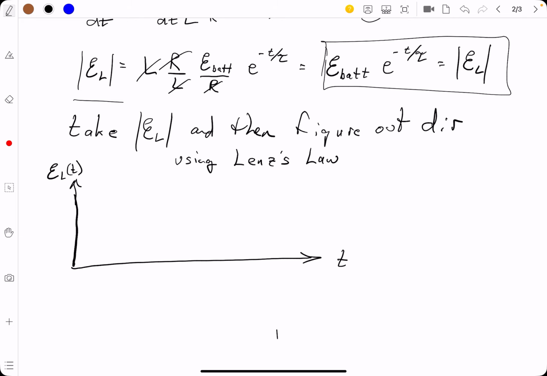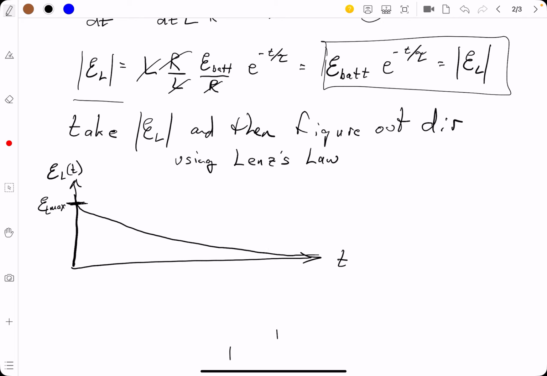And here's time. And we're going to notice that at the very beginning, we start off with our max, right? So we've got our EL max at the very beginning, and then it's going to gradually go to 0.